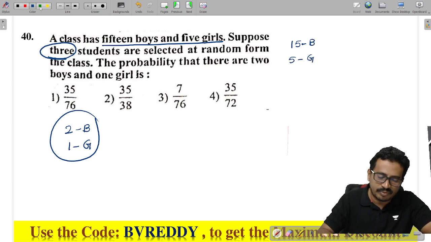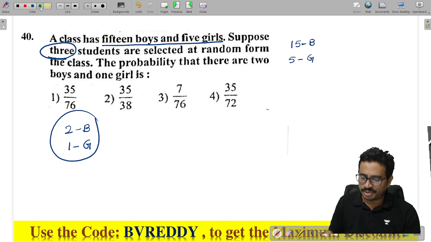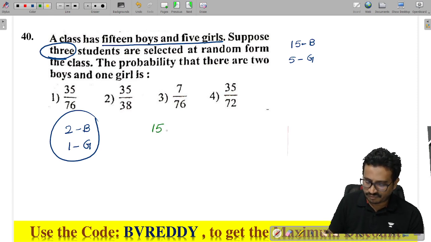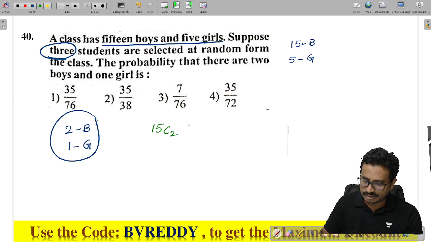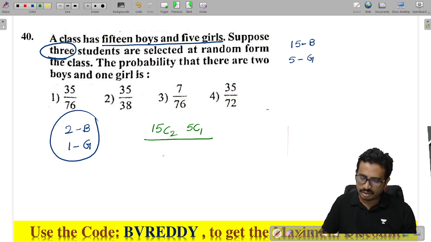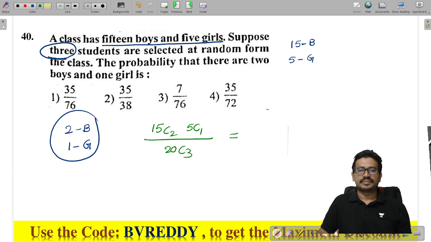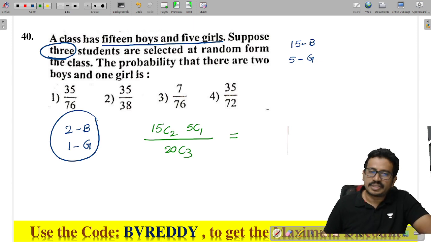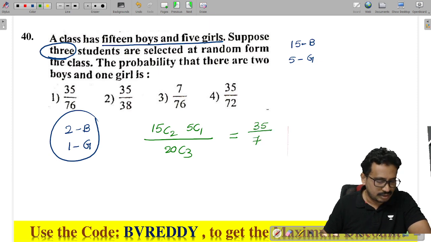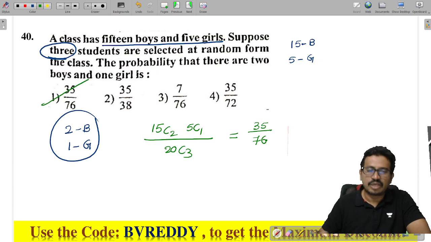How many boys are required? 15 C2. Next girls, how many here? 5 C1. Total is how many? 20, right? 20 C3. That's all. So simplify this and get the answer, which is equal to 35 by 76. Option A.